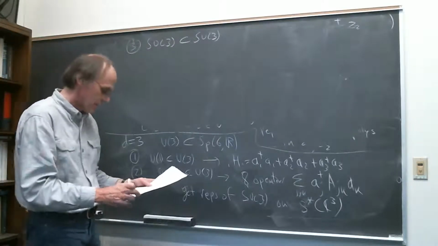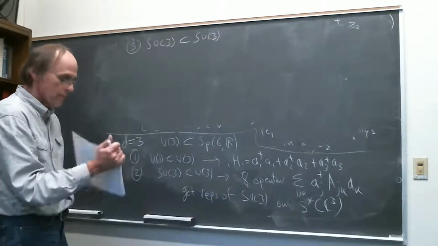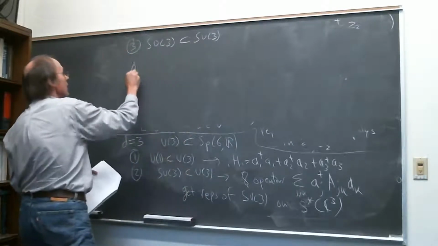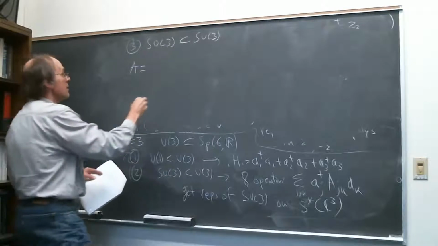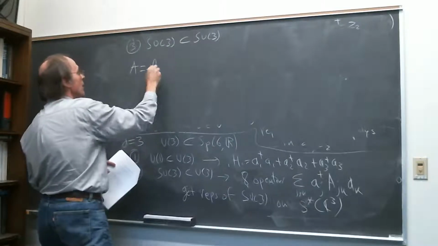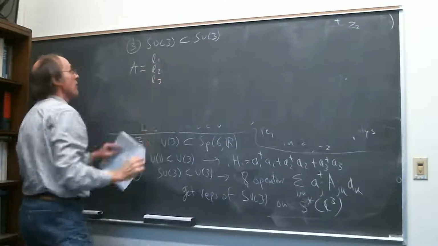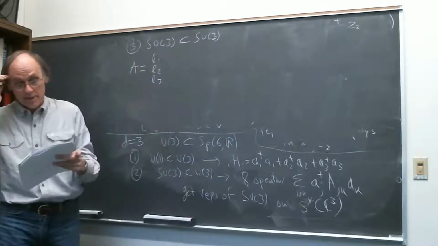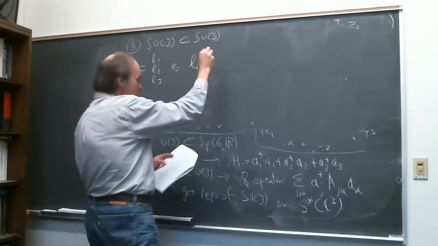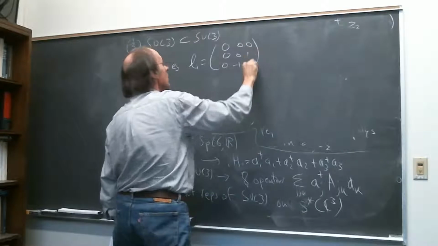Here, for instance, A is going to be a 3 by 3 real antisymmetric matrix. For example, L1 is 0, 0, 0, 0, 0, 1, 0, 1, 0.